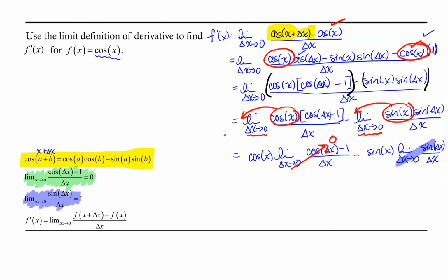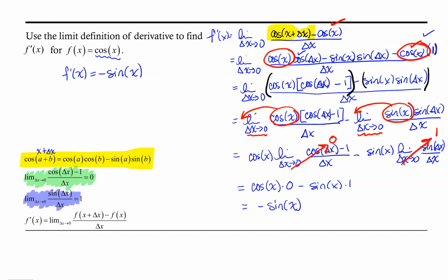So this limit goes to 1. So we end up with cosine of x times 0 minus sine of x times 1, which is equal to negative sine of x. So for f of x equal to cosine of x, f prime of x is equal to negative sine of x. I hope this is helpful.